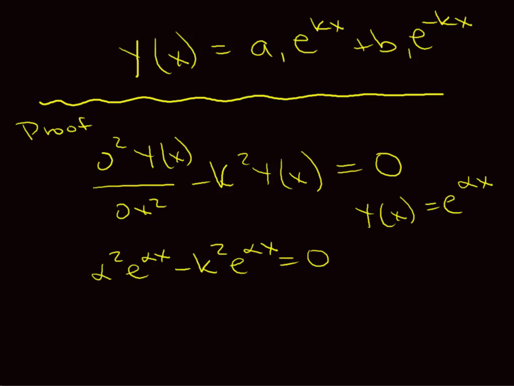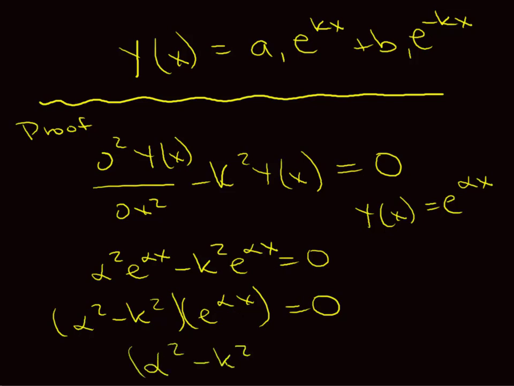We're going to then factor out that function to yield alpha squared minus k squared e to the alpha x equals 0. And you'll recall that this e to the alpha x is in and of itself y of x, and that's how we got alpha squared minus k squared y of x equals 0. And we ended up just pushing through and then solving for our value for alpha, which we found to be plus or minus k. And let's keep moving forward.